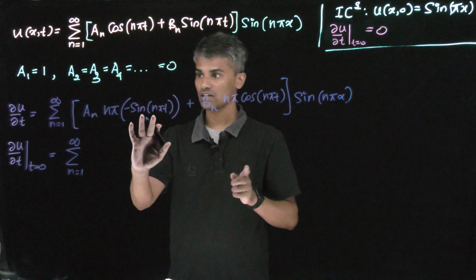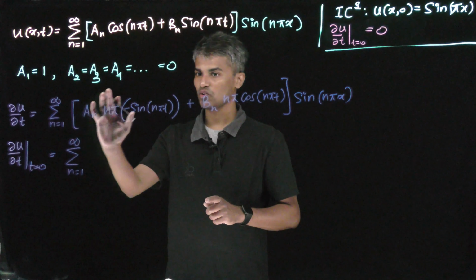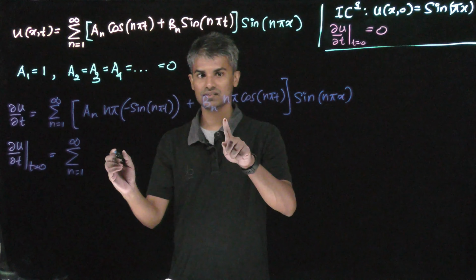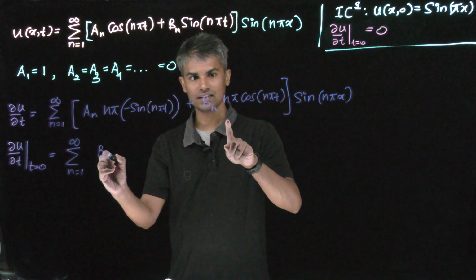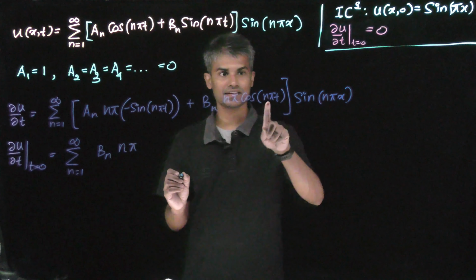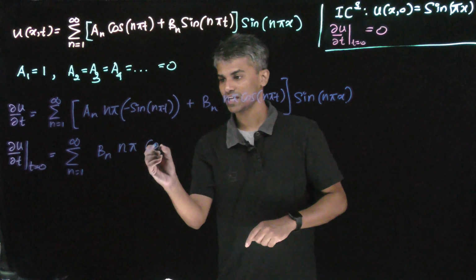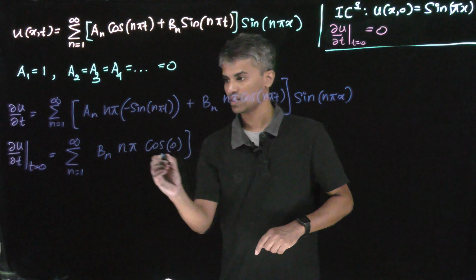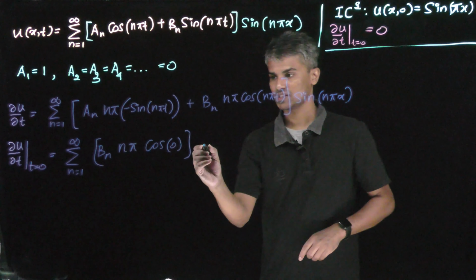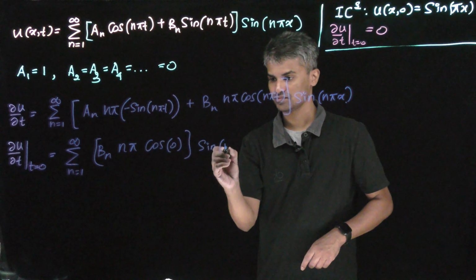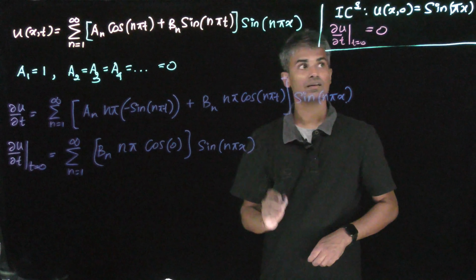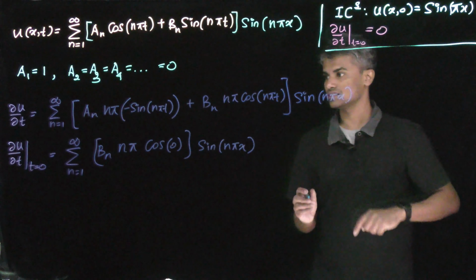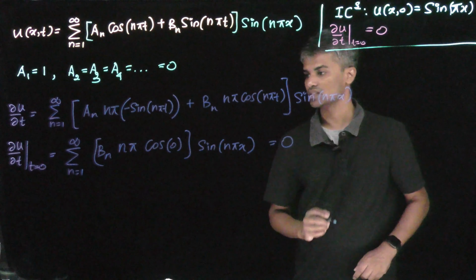Sine of 0 is 0, and then we are not going to get this first term at all. So, we have b sub n times n pi times cosine of 0 times sine of n pi x, and our initial condition says this equals 0.